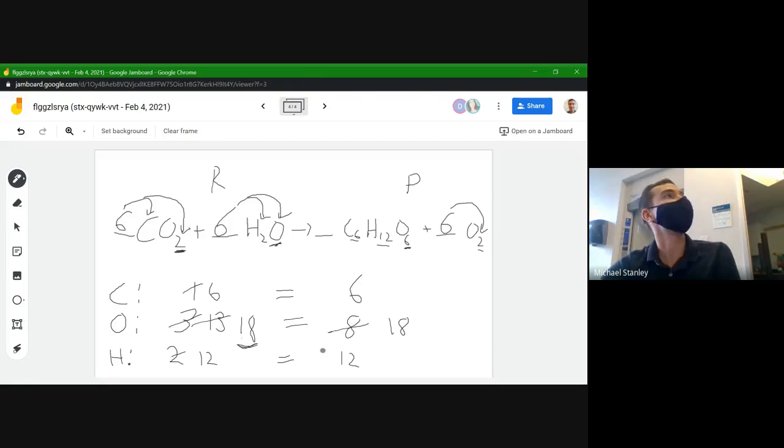And now we have our final equation, which some of you hopefully have recognized as our photosynthesis equation that we were looking at earlier this week and earlier today.